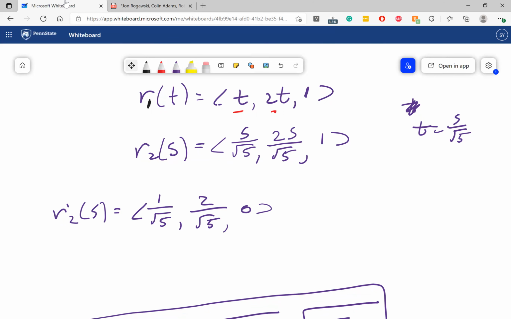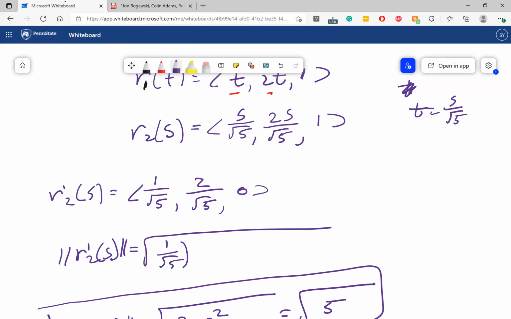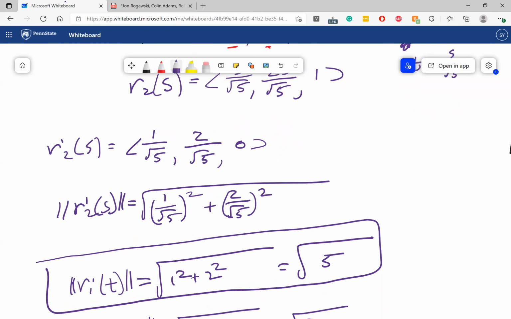So the magnitude of R prime of s is going to be equal to the square root of 1 over the square root of 5 squared plus 2 over the square root of 5 squared, and then plus 0, which doesn't matter.